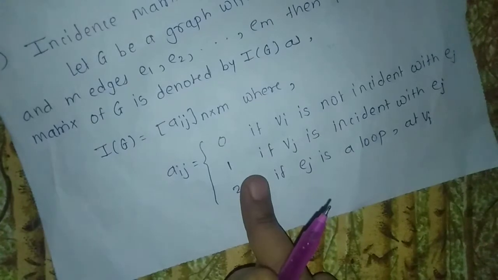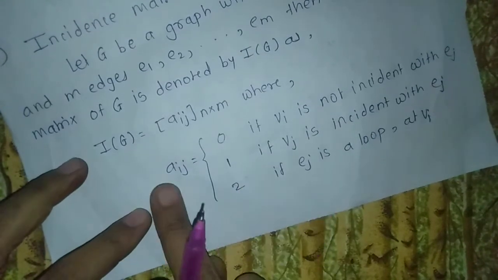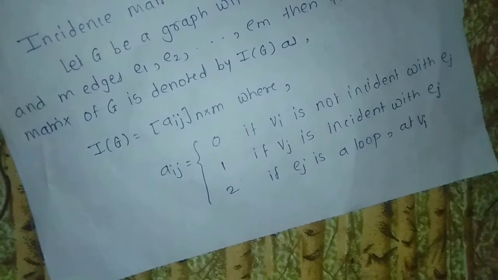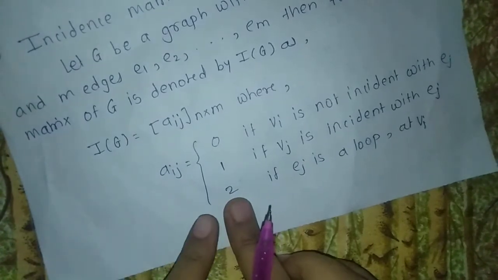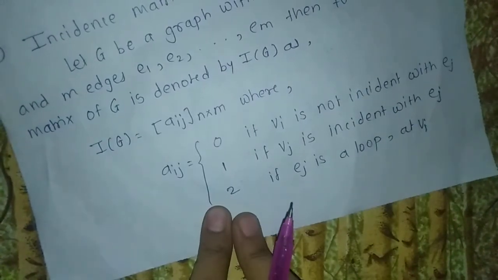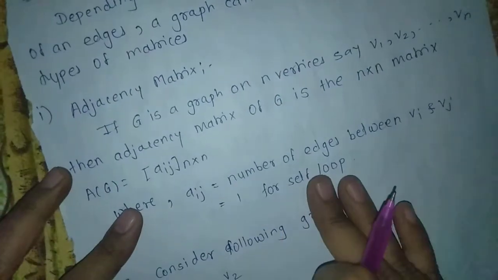Aij is equal to 1 if Vi is incident with Ej, and Aij is equal to 2 if Ej is a loop at Vi. Here you concentrate on loop. In the incidence matrix, for a loop we write 2, and in the adjacency matrix, for a loop we write 1.